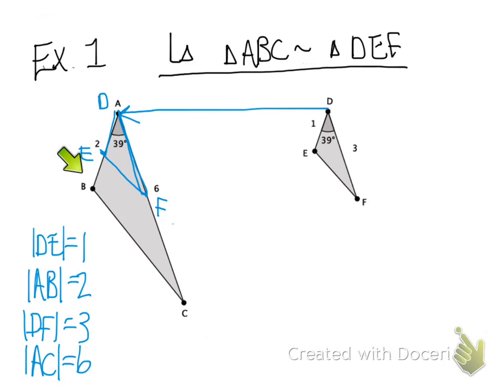And if that's true, then the fundamental theorem of similarity says that these lines will be parallel, and then I can know that the corresponding angles are equal, because I would have parallel lines cut by a transversal.